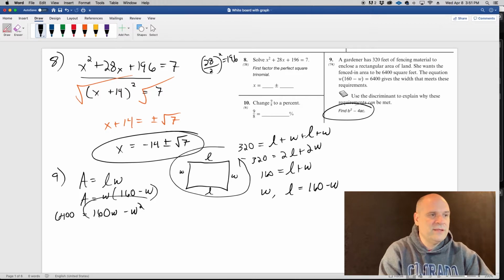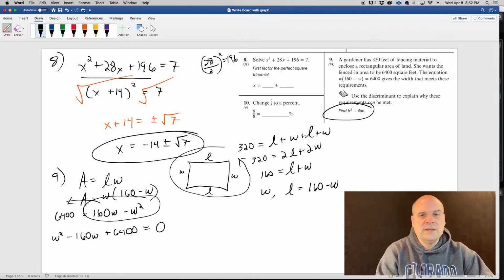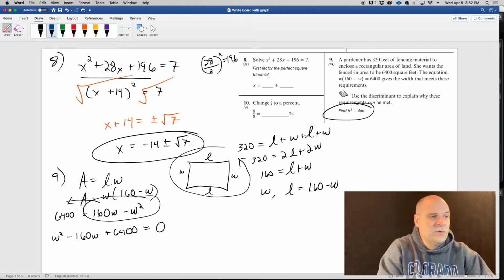So this negative W squared becomes a positive W squared, this positive 160W becomes a negative 160W, and that 6,400 is already there, and that equals 0. So now we can determine our A, B, and C. Remember, our A is whatever this coefficient is, our B is whatever this coefficient is, and our C is our constant. So A equals 1, B equals negative 160, don't forget that negative, and C equals 6,400.